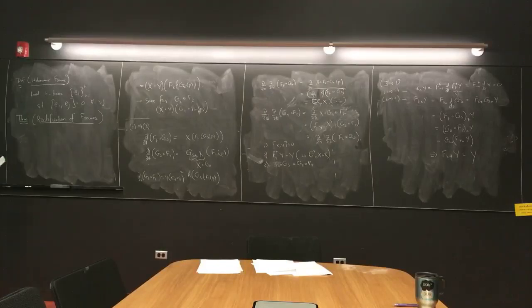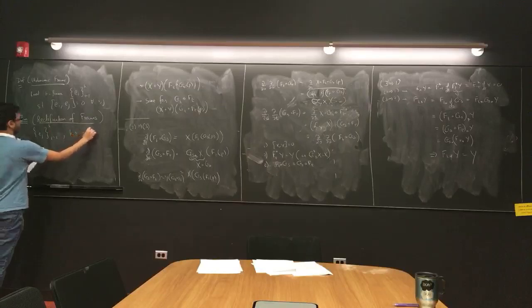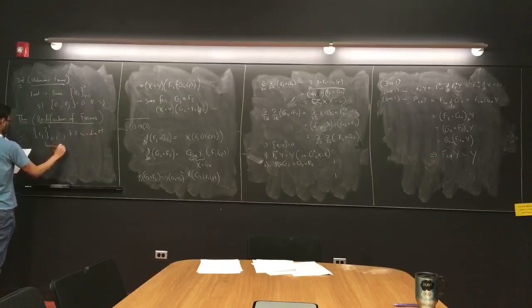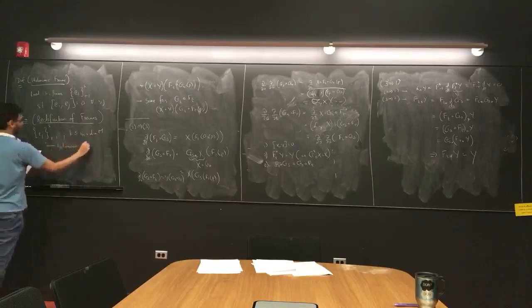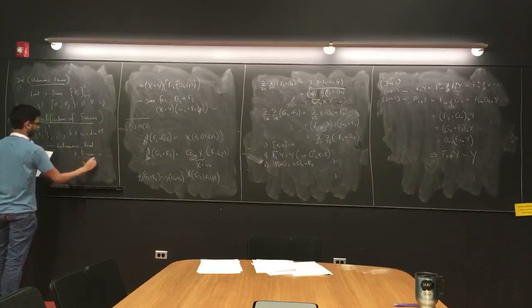Suppose E_j, j equals 1 to k, for k less than or equal to m, which is the dimension of your manifold, is a holonomic local k-frame on some open subset of the manifold.